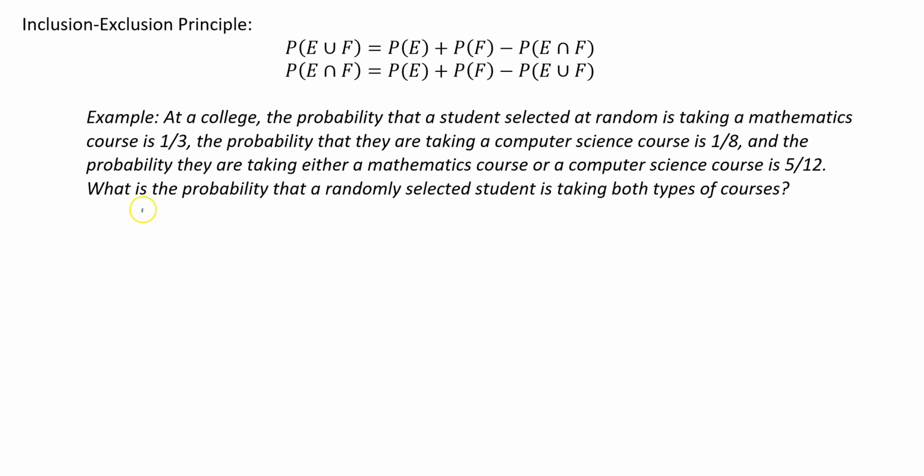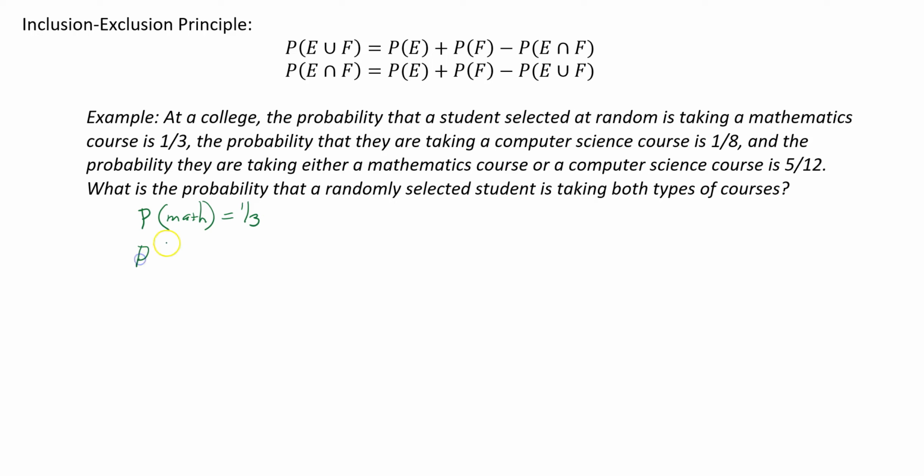Let's begin by identifying what we've been given. I know the probability of a student taking mathematics is 1/3. Now those students included in this 1/3 are students that are taking mathematics and any other courses. So this will also include the computer science students.